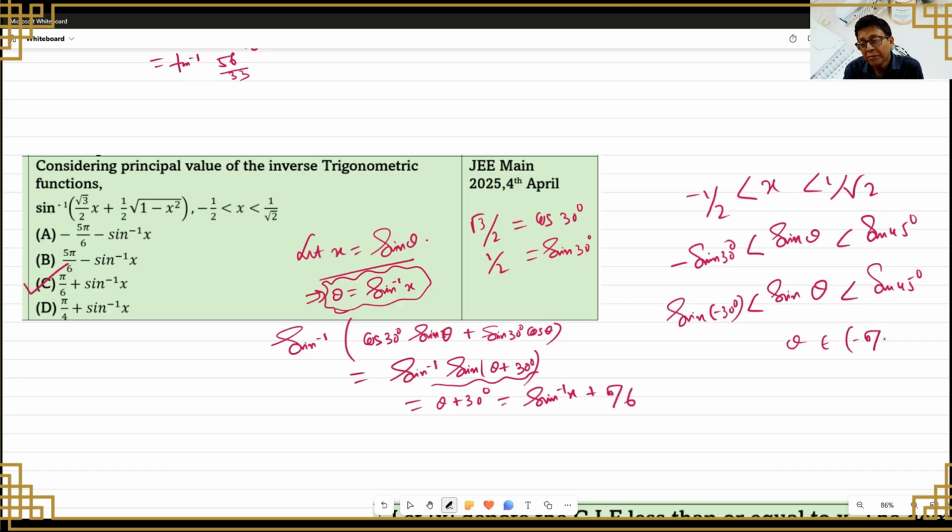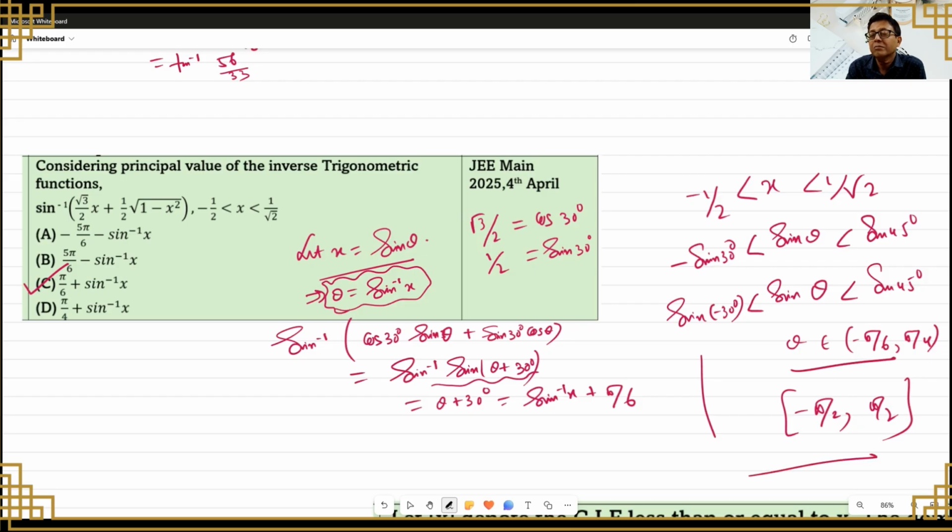Here, minus pi by 6 to pi by 4. And what is the principal value branch? It is longer than that, minus pi by 2 to pi by 2. Since it lies there, it is possible to write sin inverse sin x equal to x.